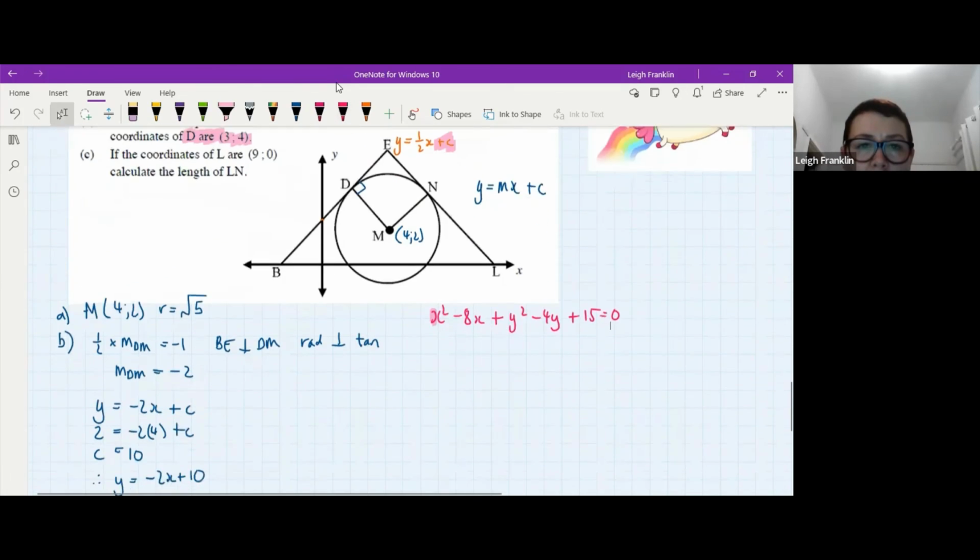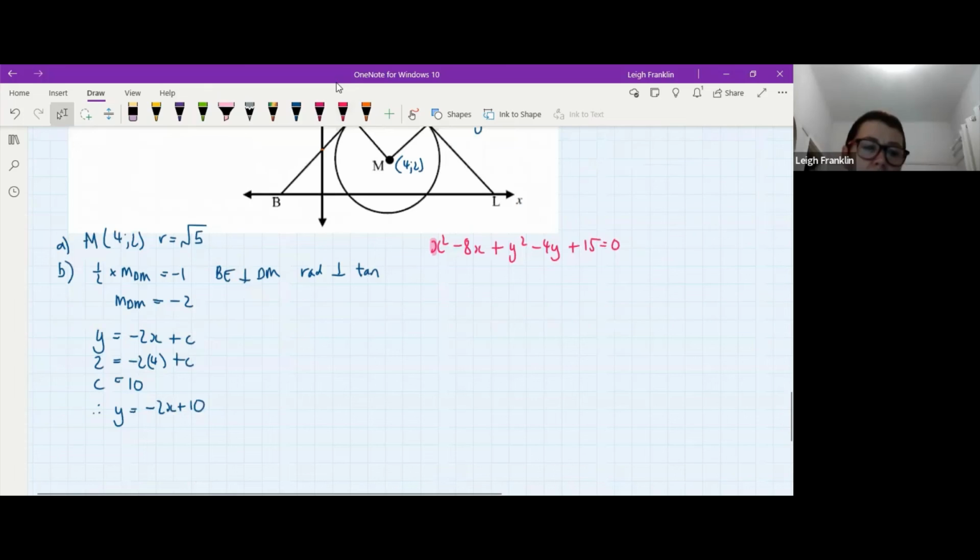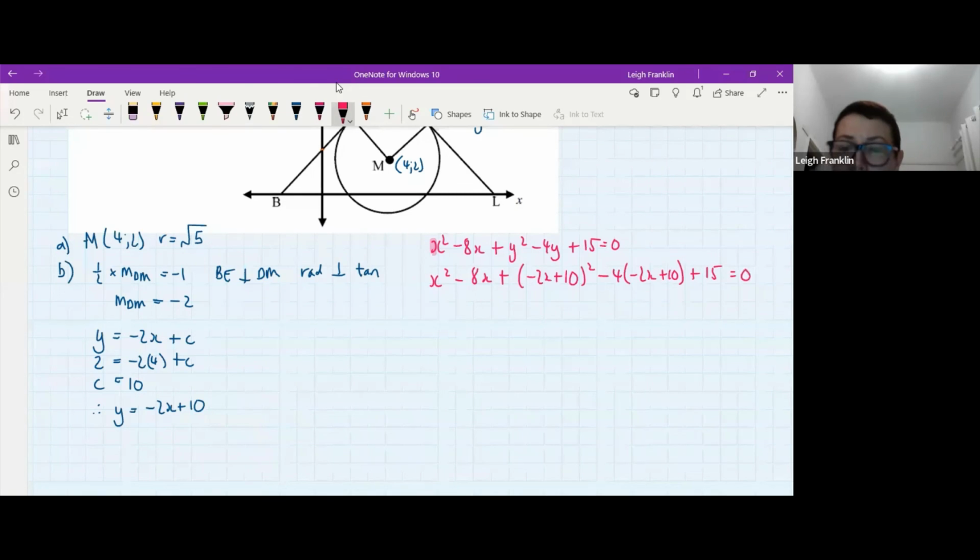The equation of DM is the line y equals minus 2x plus 10. So now I'm going to sub in and I'm going to solve simultaneously. Okay, does that make sense to everybody?